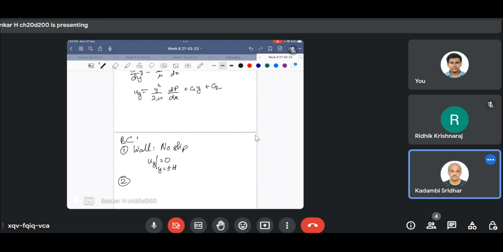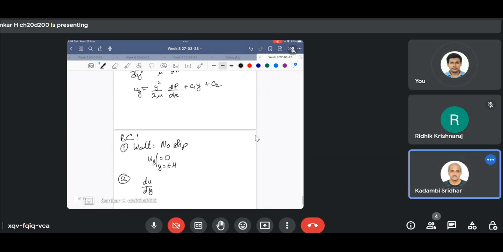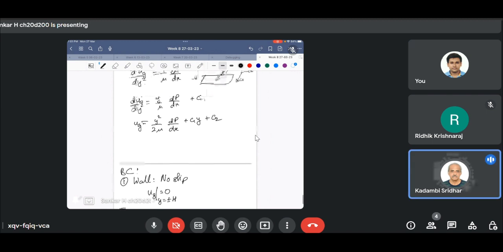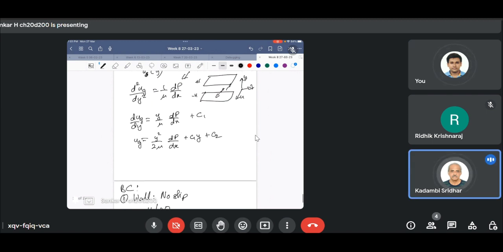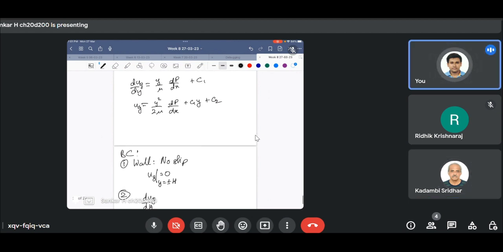The slope, du by dy. du by dy should be 0, no? At the wall also? At the wall it need not be zero.